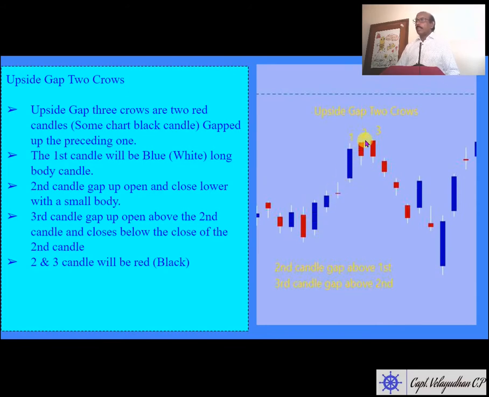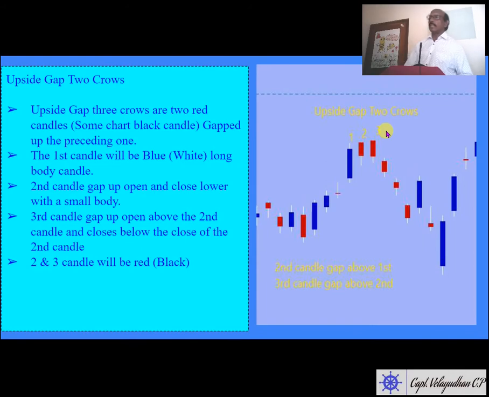The second candle gapped up and made a bearish red candle. The third candle also gapped up but was unable to move up, then made a red bearish candle. The second candle gapped above the first one, the third one gapped above the second one.